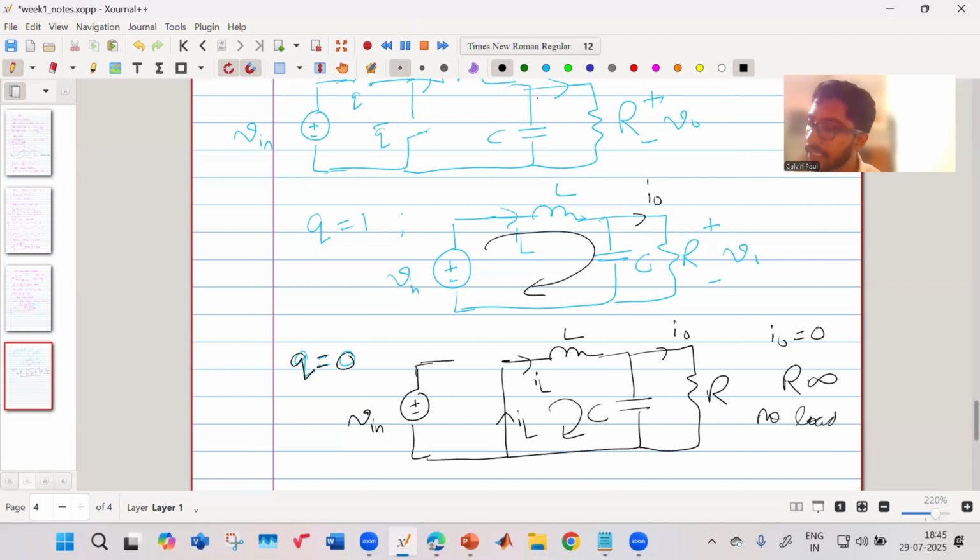The second question is regarding direct energy transfer. In a buck converter, the input voltage energy is directly fed to the output. But in a boost converter, initially the energy is stored in the inductor, and when the configuration is changed, the energy is transferred to the output. That is required for boosting operation.